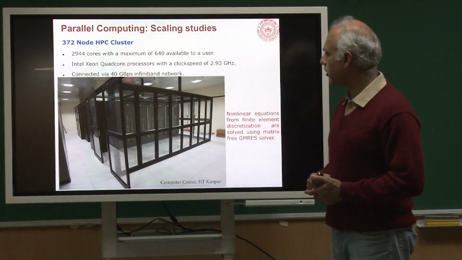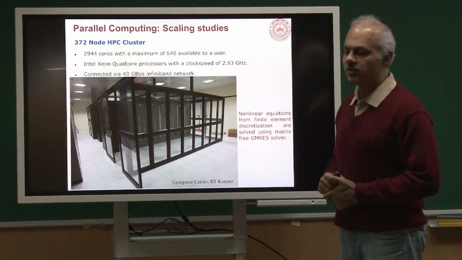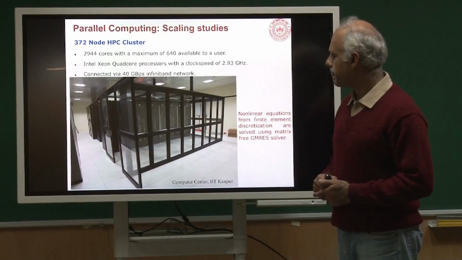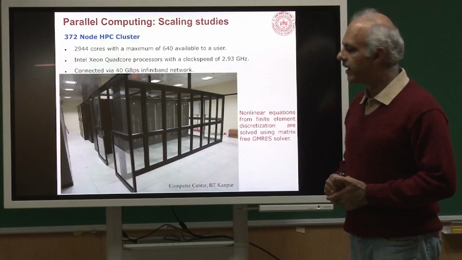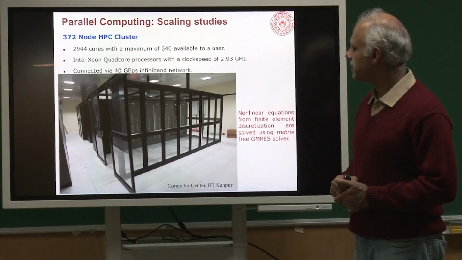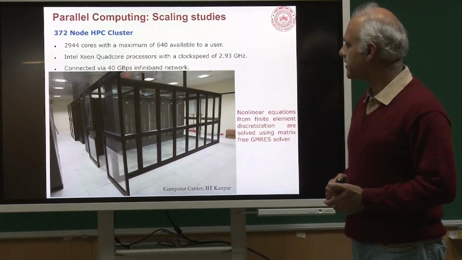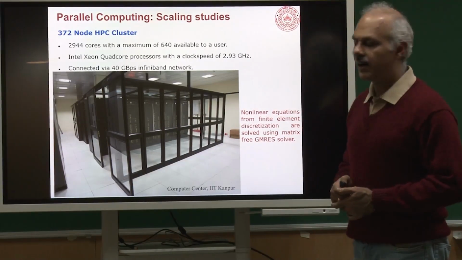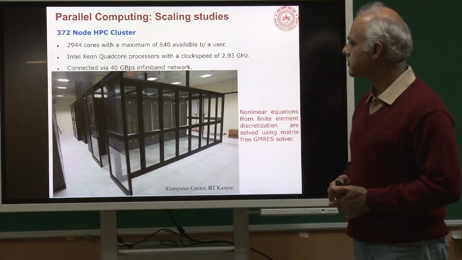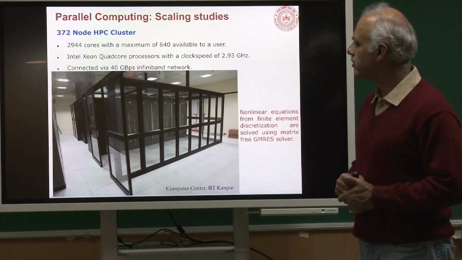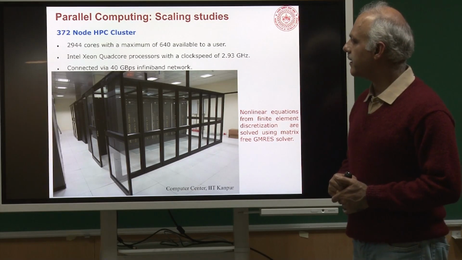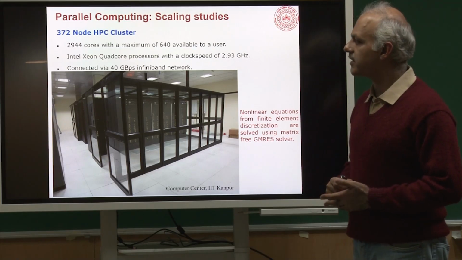Okay, this is a picture of one of the older clusters that we had at the computer center. Now, of course, we have a brand new installation coming up, but let me just share some information about this setup. This one had about 372 computing nodes, and on each node there are certain cores.